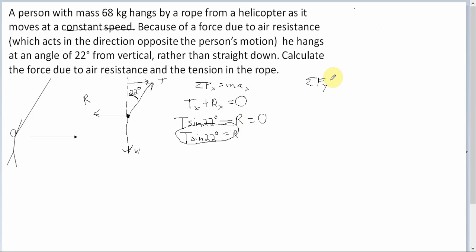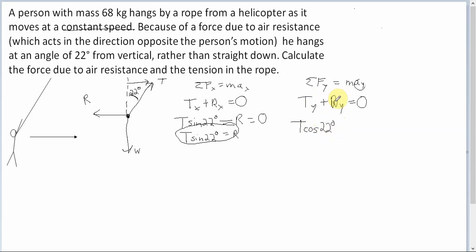So the sum of the y components of the forces equals the mass times a sub y. The forces with vertical components are going to be T and W. So I've got Ty plus Wy is equal to 0. Again, my acceleration is 0. The y component of T is going to be T times the cosine of 22 degrees.